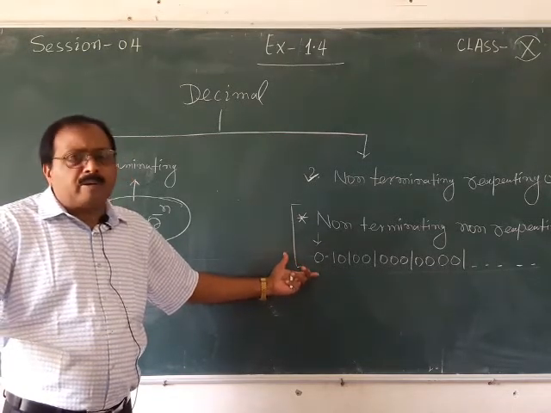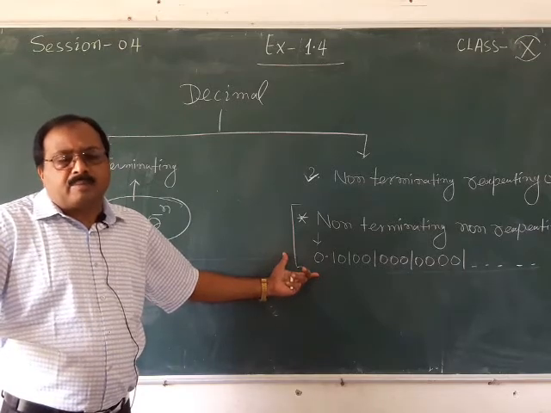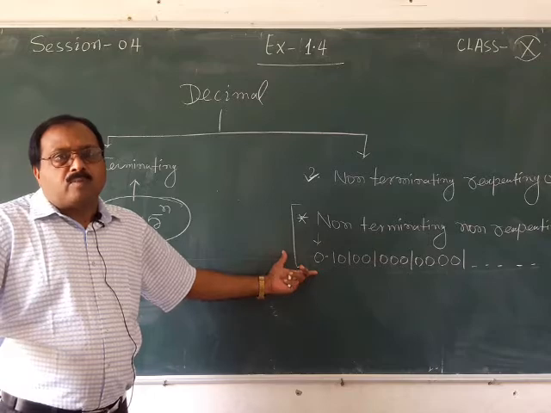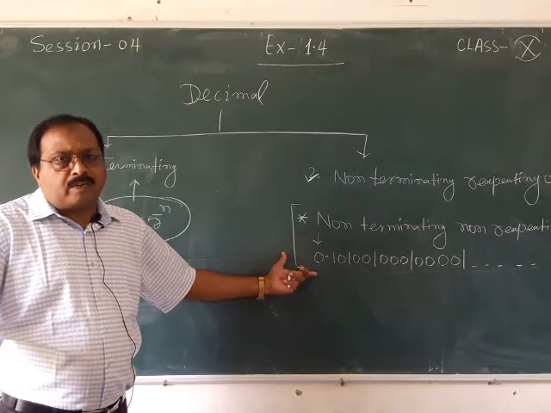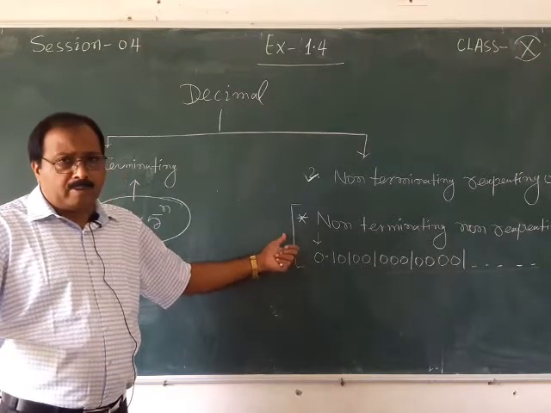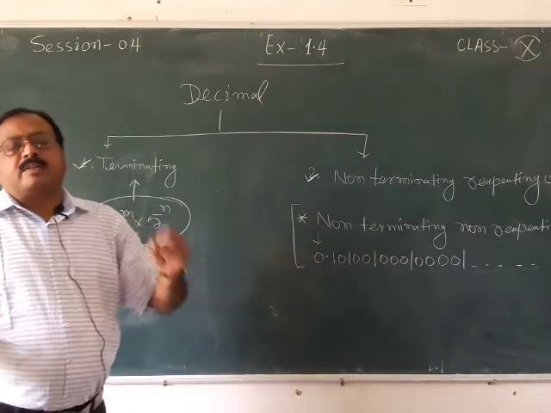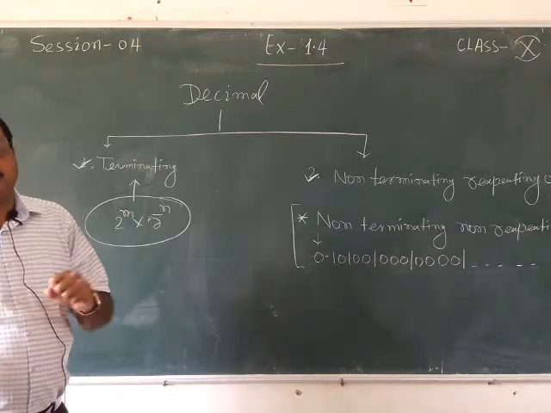Such numbers are irrational, because you cannot write them in the form of p by q, whereas rational numbers can be written in the form of p by q itself.